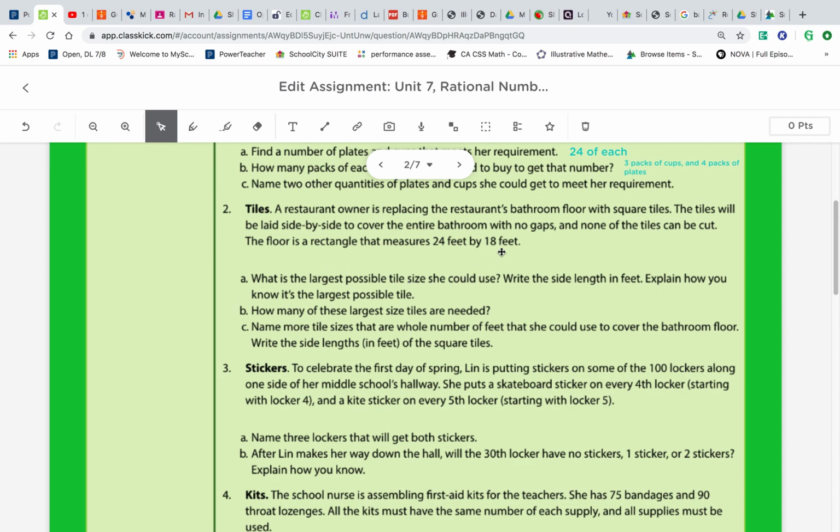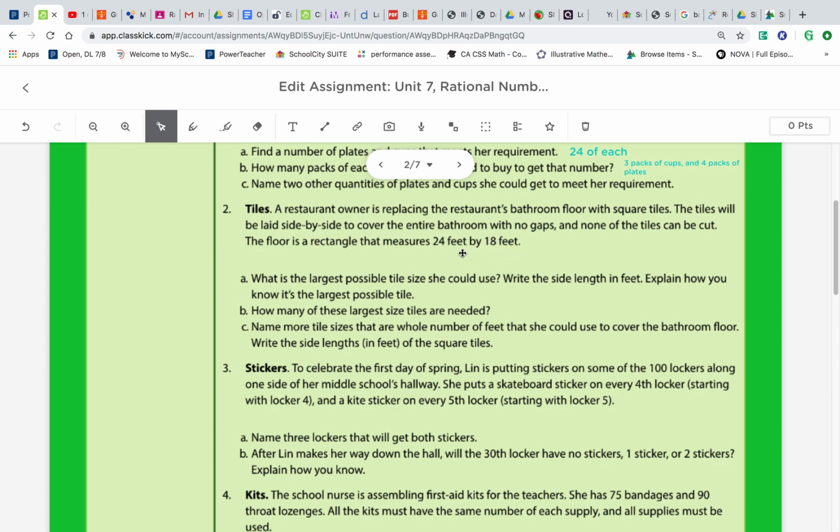Well, this should remind you of a problem we did previously. We know that the tiles are going to be filling up these dimensions, 24 feet by 18 feet. And since we know that they have to have no gaps, no overlaps, they've got to fit perfectly, that means we've got to be able to divide 24 by some number evenly. But we also have to divide 18 by some number evenly.